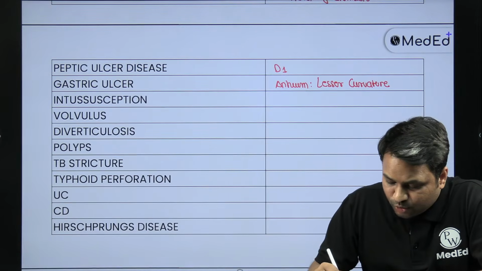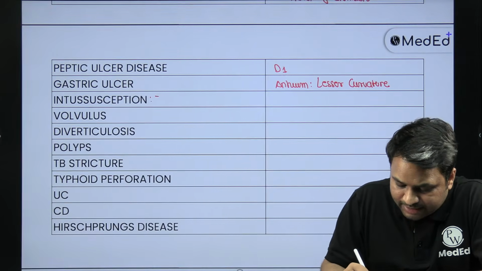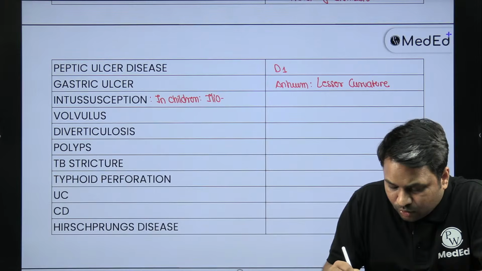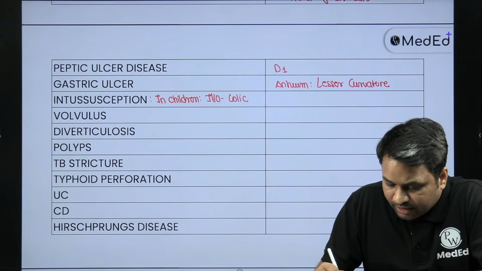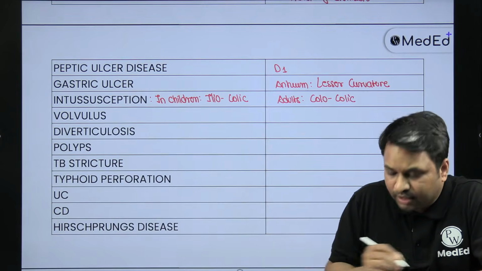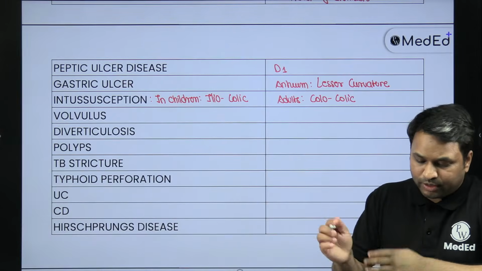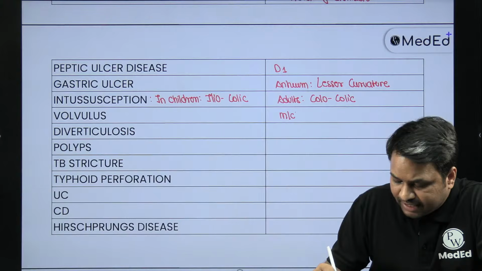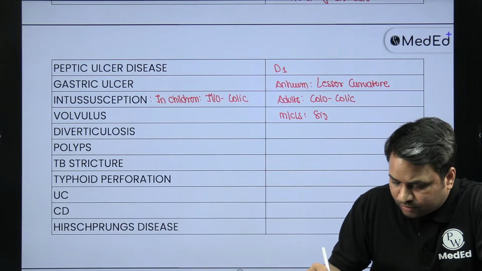Intussusception, if I say what is the most common site in children, it is ileocolic. In adults, it is going to be colocolic. If I say volvulus, remember the most common site for volvulus is the sigmoid colon.